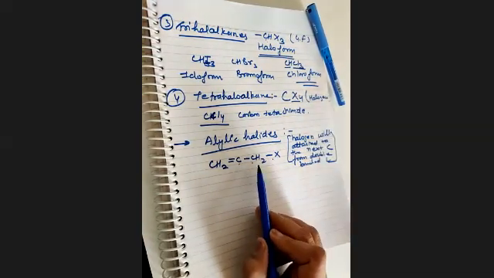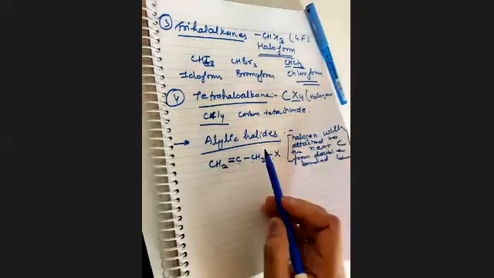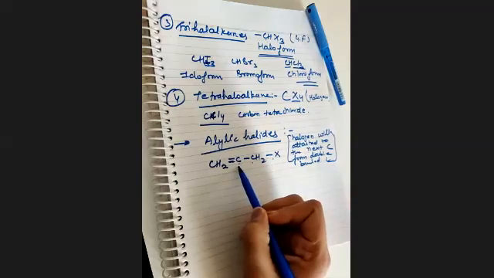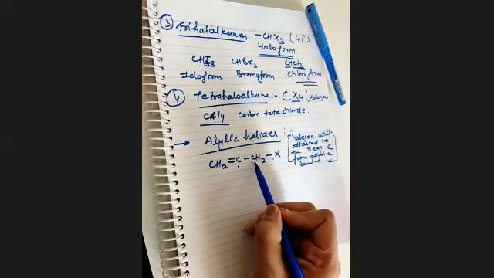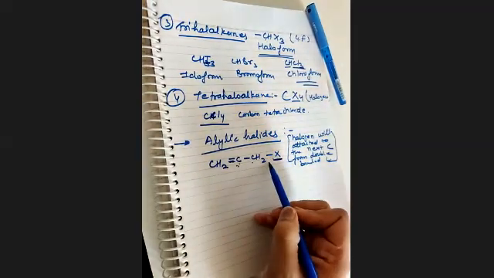So it is not necessary that if we attach it right there with the double bond, it will become an allylic group. We have to take care that your halogen group will attach to the next carbon atom.